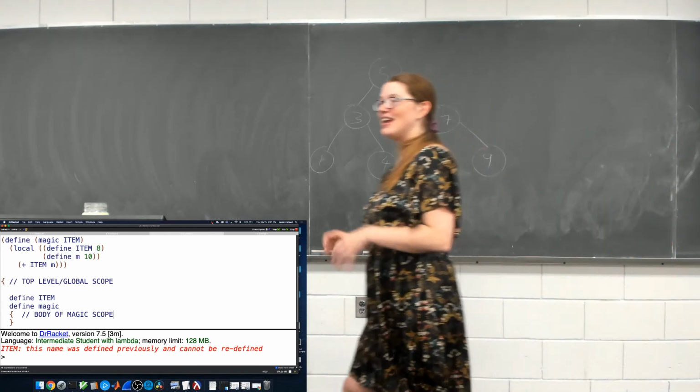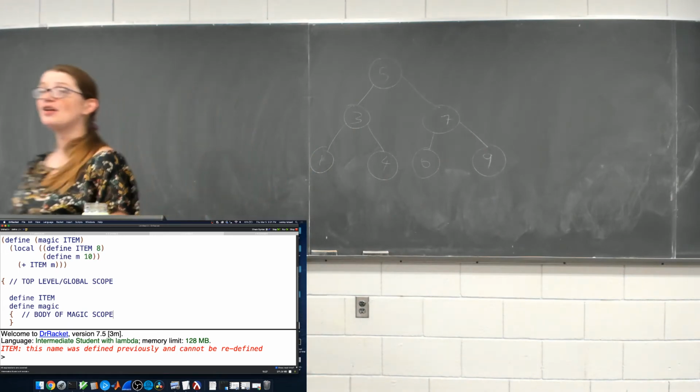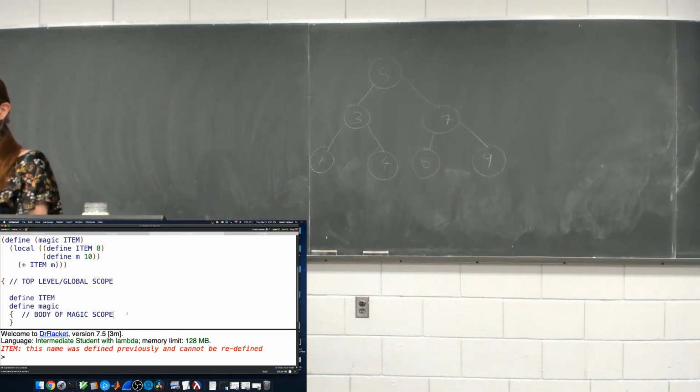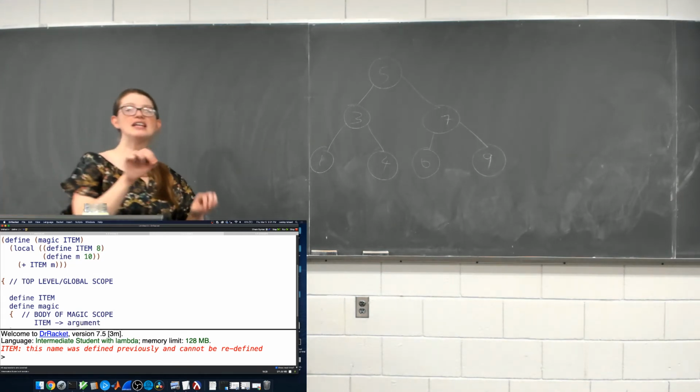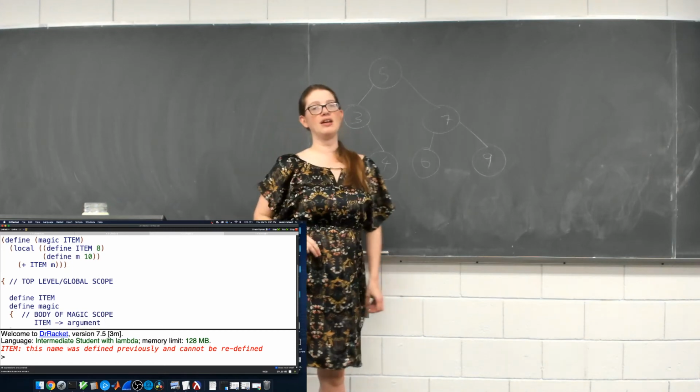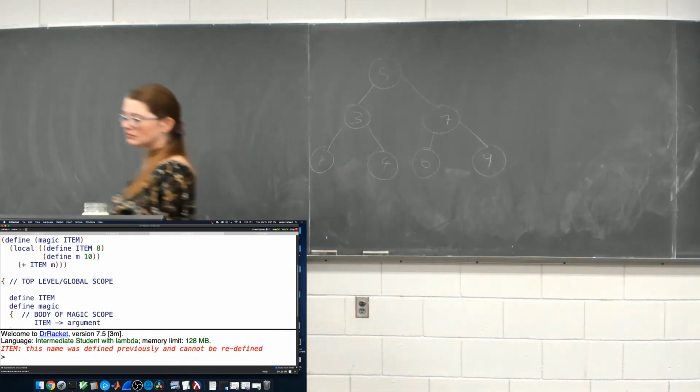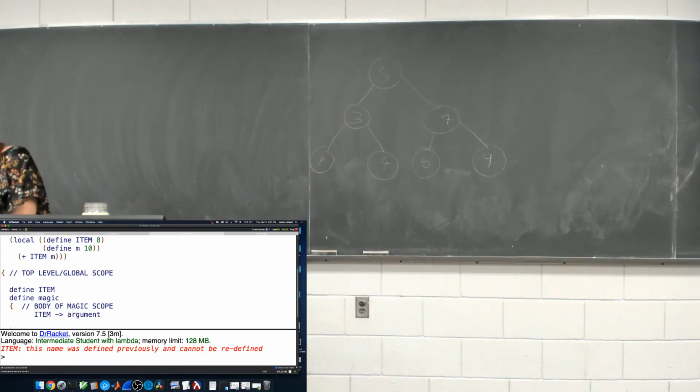So, inside the body of magic, well, item was an argument, so it is defined inside the body of magic. And then inside of the function magic, we have a local, which is yet another scope.